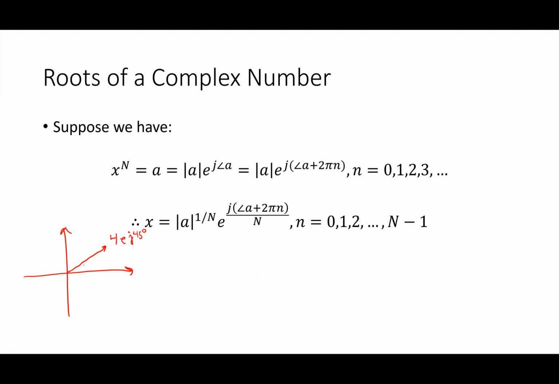Okay, so this is about 45 degrees here. All right, what that says is if this is 45 degrees, we can represent that number multiple different ways, right? So another way of writing this is to say that it's 4e to the j 45 degrees plus what? How else could I write that?